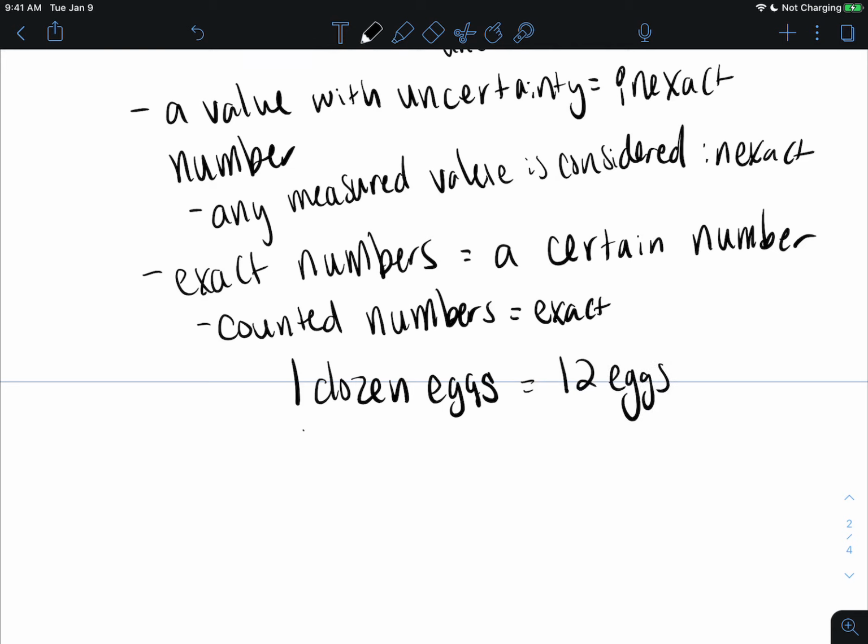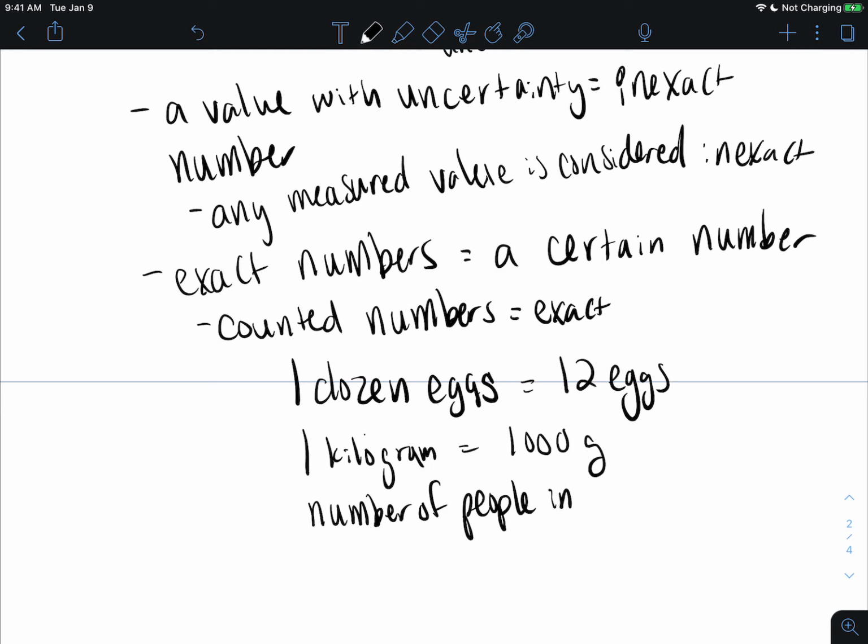If we have 1 kilogram, that is exactly equal to 1,000 grams. So these are all considered exact values. If I were to count the number of people in a class, that would be an exact number.